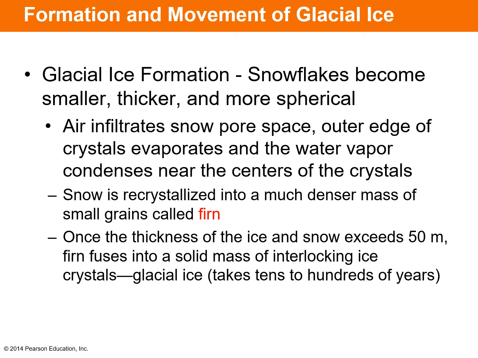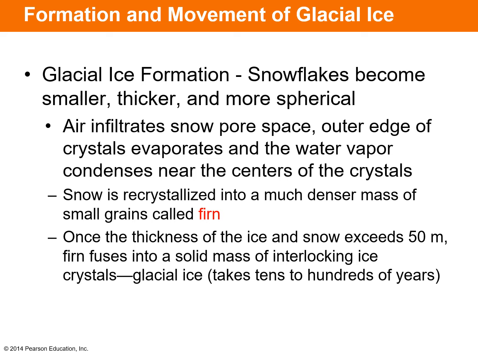Okay, and once the original snowfall has recrystallized into a much denser mass of small grains called firn, then if that firn plus any other ice or snow ultimately comes to exceed a depth of 50 meters, then the firn fuses into a solid mass of interlocking ice crystals, or glacial ice.